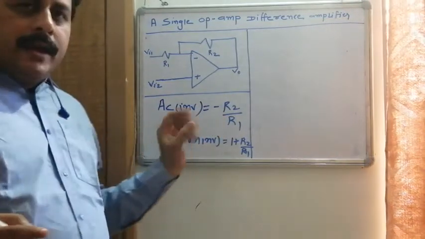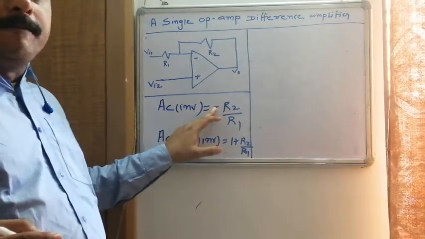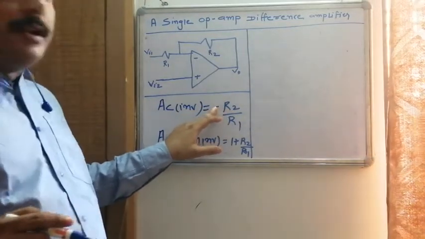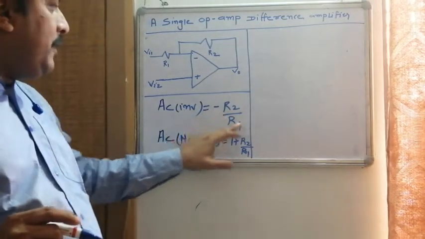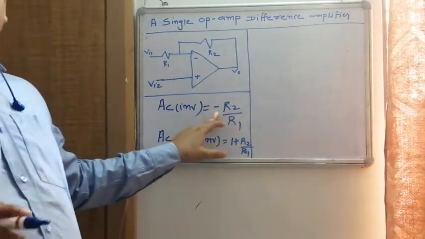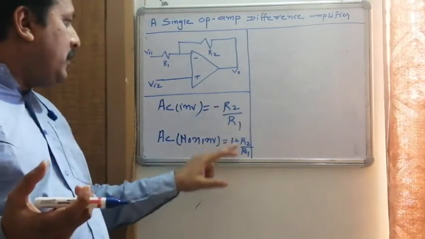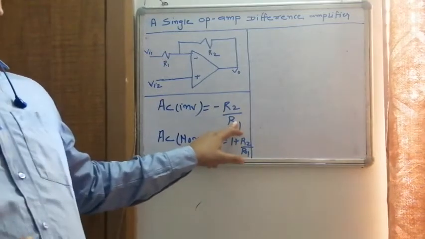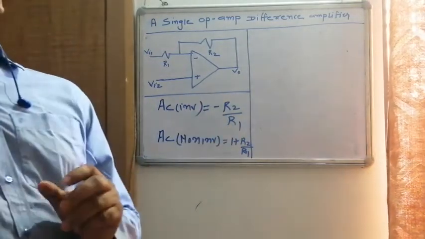But one thing we notice here is the negative sign. The gain of the inverting configuration shows a negative value, and the gain of the non-inverting configuration shows a positive value.